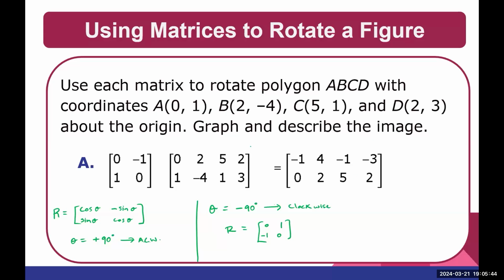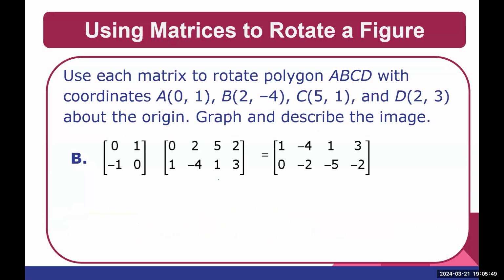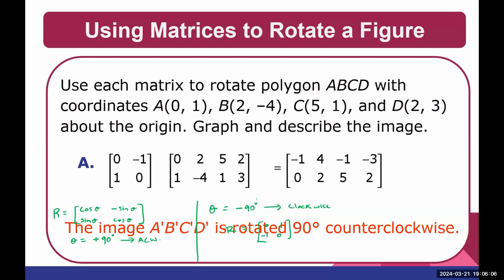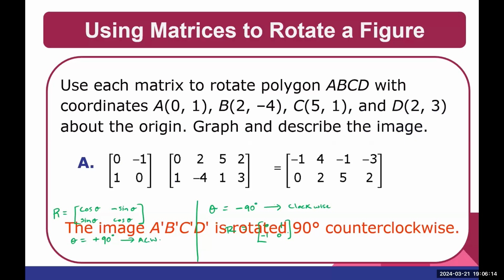So then again, the next part of this question will ask us to rotate the polygon, or look at what is taking place here and describe the image. So we established earlier that a negative 90 degrees would give us 0, 1, negative 1, 0, 0, 1, negative 1, 0.